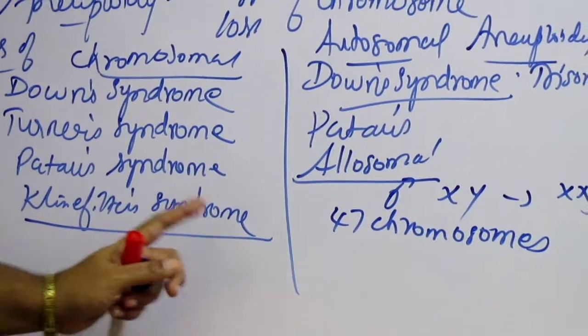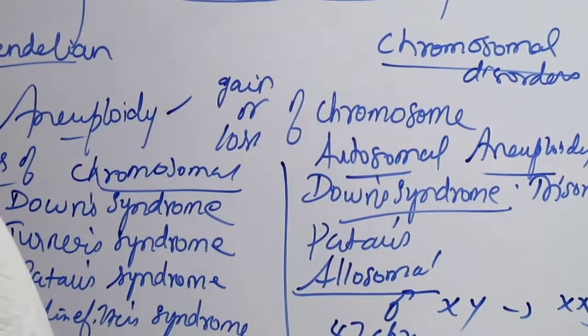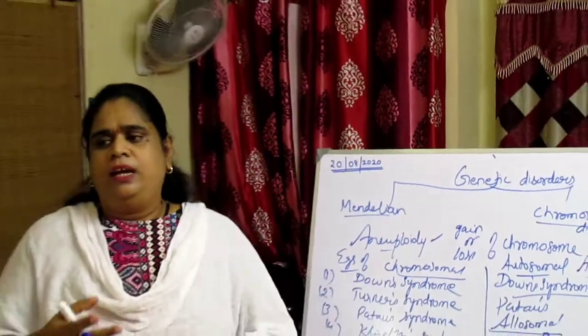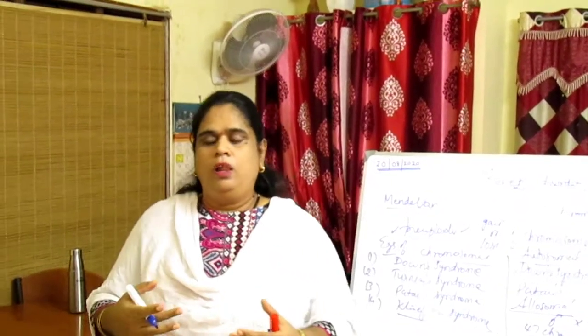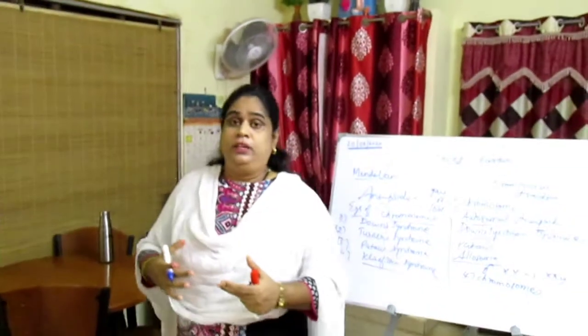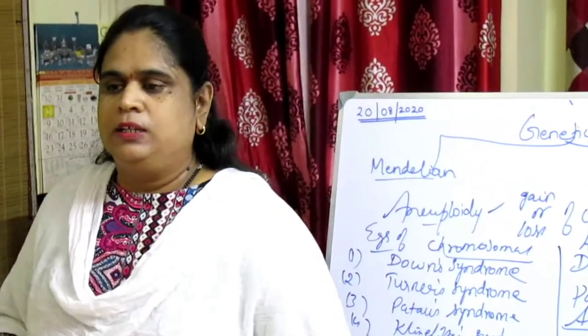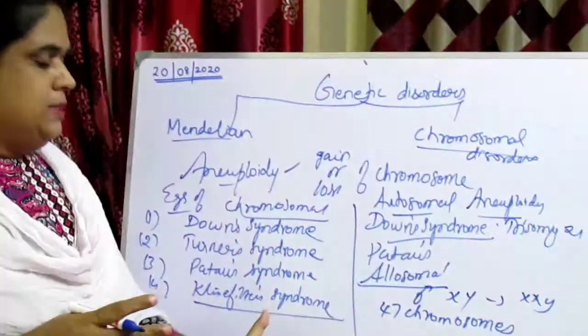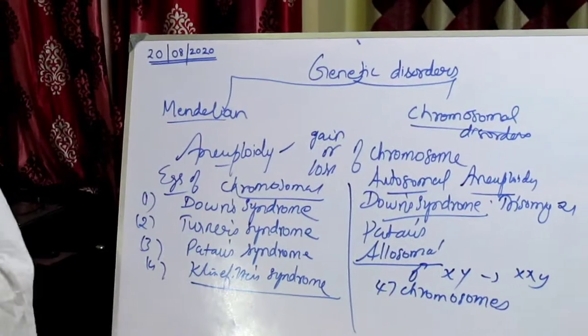This is Klinefelter syndrome. Now, how are they characterized? What are the symptoms? They are usually sterile males. They are tall, obese, have long limbs, a high-pitched voice, and feeble breast development, a condition called gynecomastia. These are the symptoms of Klinefelter syndrome.